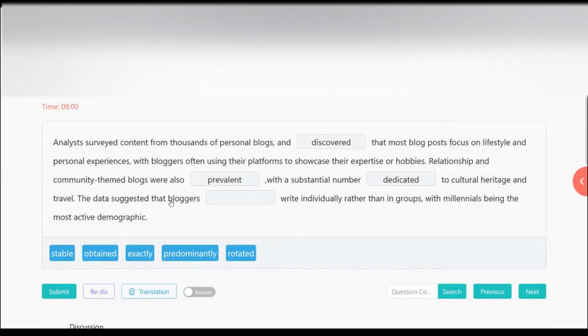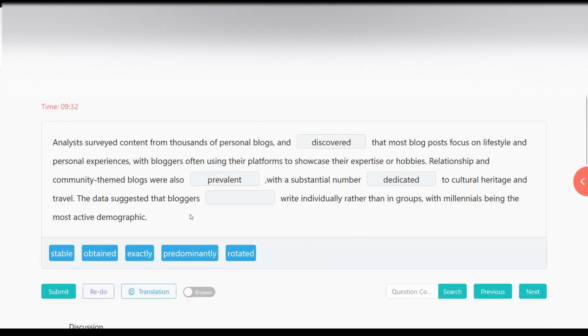Okay, the data suggested that bloggers dash write individually rather than in groups. Usually, whenever a blogger starts their blog, it is only a single person who maintains that complete blog page. So he will only write based on his point of view, definitely individually, not in groups.